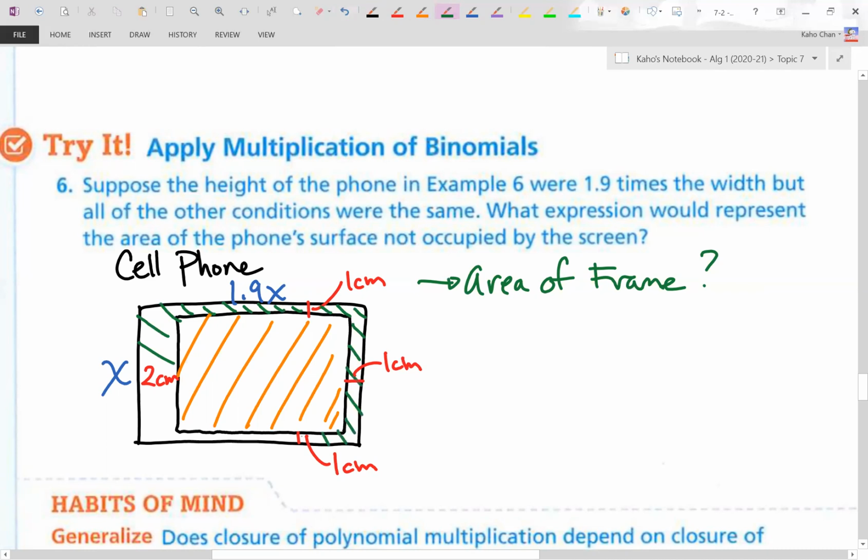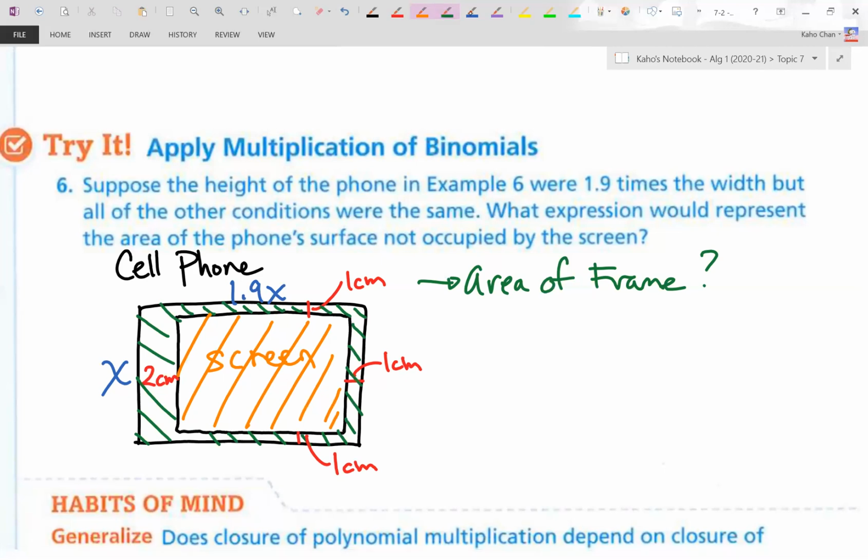We're just trying to find the area. Right now, easily, you can just tell this is a couple of rectangles, right? And when it comes to donuts and donut holes, same thing with this cell phone, take out the screen area, right? Take out the screen, meaning subtract. That's our strategy.